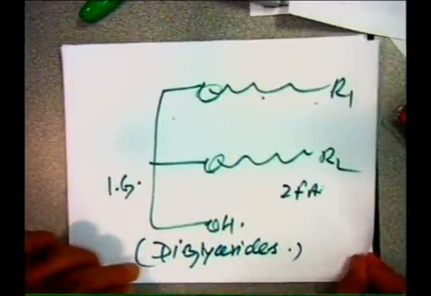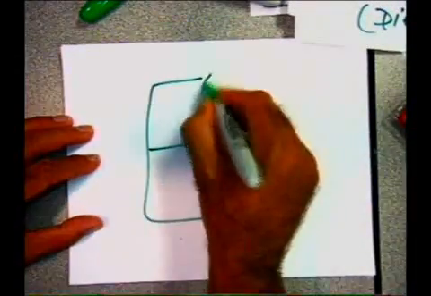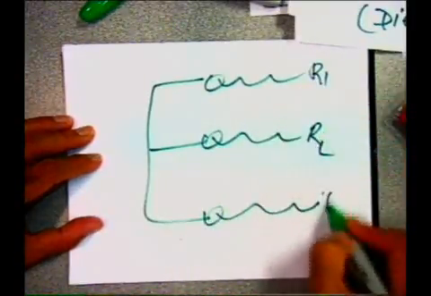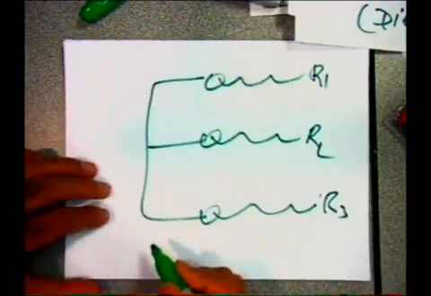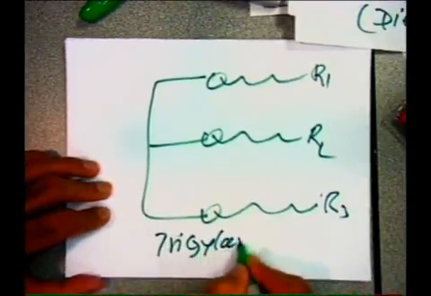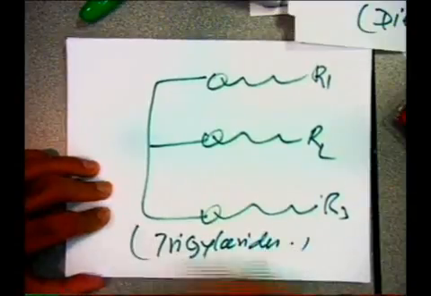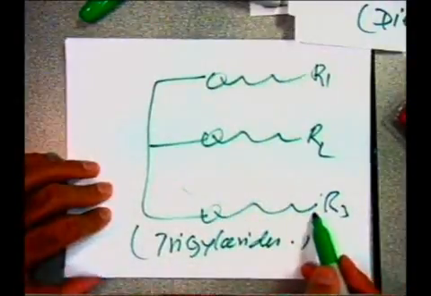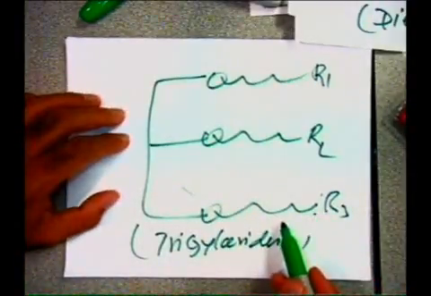And if you have 3 molecules, what will happen? 3. R1, R2, R3. So you call it triglycerides. Okay? Triglycerides.